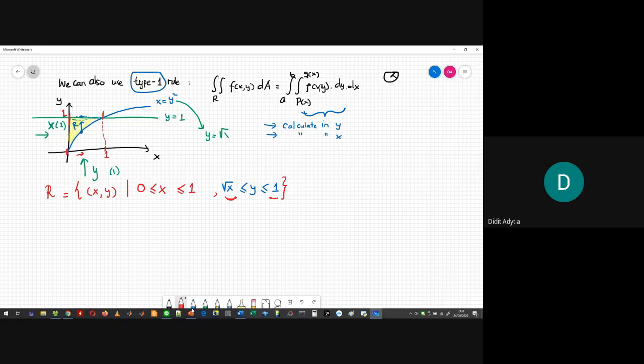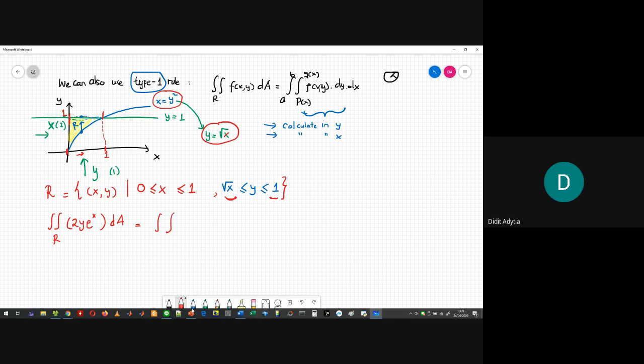So therefore, we need to change it from these functions and then we transform it as a function of x, okay? Now we calculate the integral. This is the double integral over R of f. F-nya itu apa tadi? And then I will directly use it: 2y e to the power of x. Okay. And then this is dA.